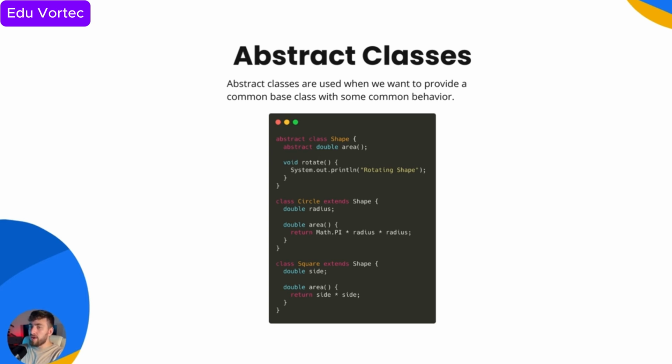But they also have the rotate method that is common for all classes that extend the Shape class. In summary, use interfaces when you want to define a contract that must be implemented by multiple classes. And use abstract classes when you want to provide a common base class with some common behavior.